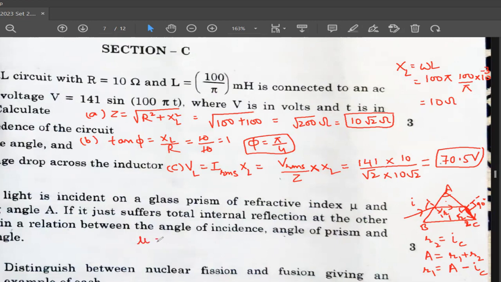Mu 21 is equal to sine I upon sine R1. We are using Snell's law of refraction for the refraction through AB face. Here sine I, and what is R1 over here? Sine of A minus IC. This is the relation between the angle of incidence, angle of prism, and the critical angle. So here we have obtained the relation.